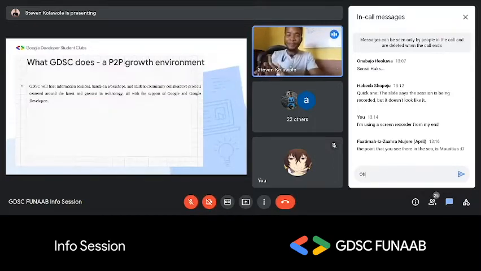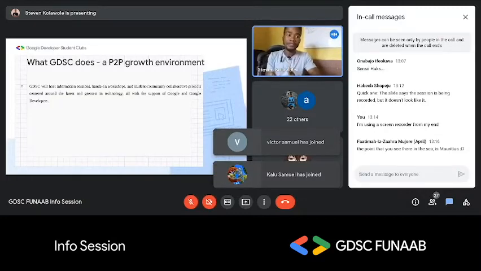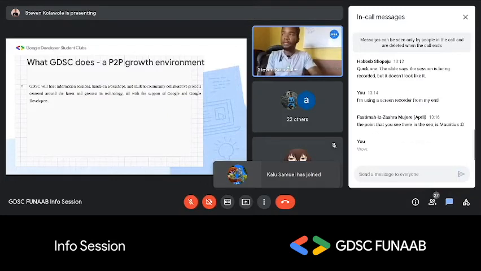By peer-to-peer, I mean that GDSC is run by students who are technically skilled and have organizational acumen, and it's powered by students generally. The beneficiaries are usually students, with ample support from Google and from the school authorities.